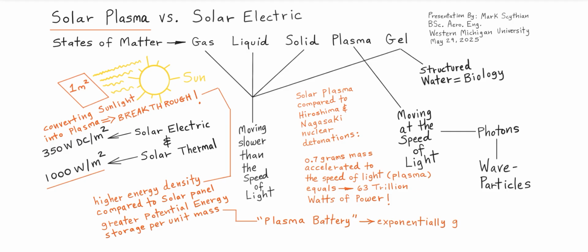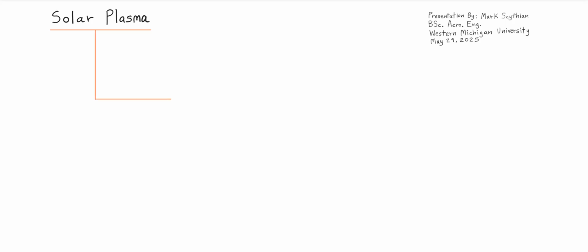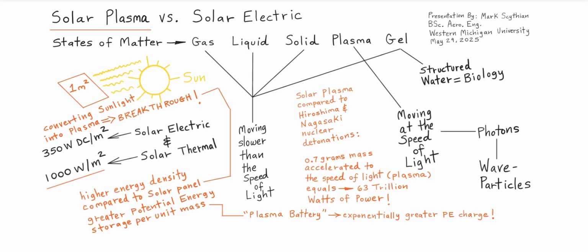Engineering is concerned with technologies that have not yet been created, research engineering. So we'll call it a quote unquote plasma battery. This would be exponentially greater in holding a potential energy charge than a traditional solar panel.